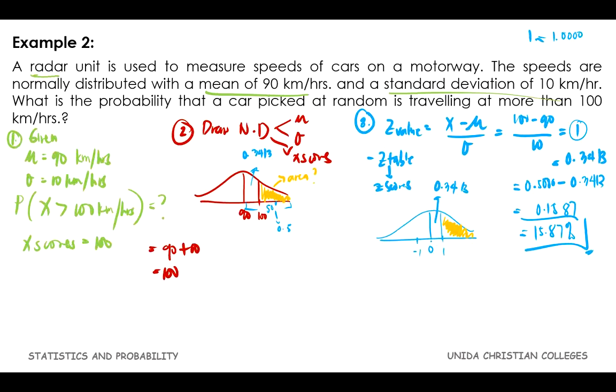Nag-start kasi tayo dito, mula sa mean, okay po. So, ito yung 0.1587. Pwede rin namang sabihin natin 34.13%. Tapos ito rin naman, pwede natin sabihin na 15.87%. Okay, our last step is our interpretation.